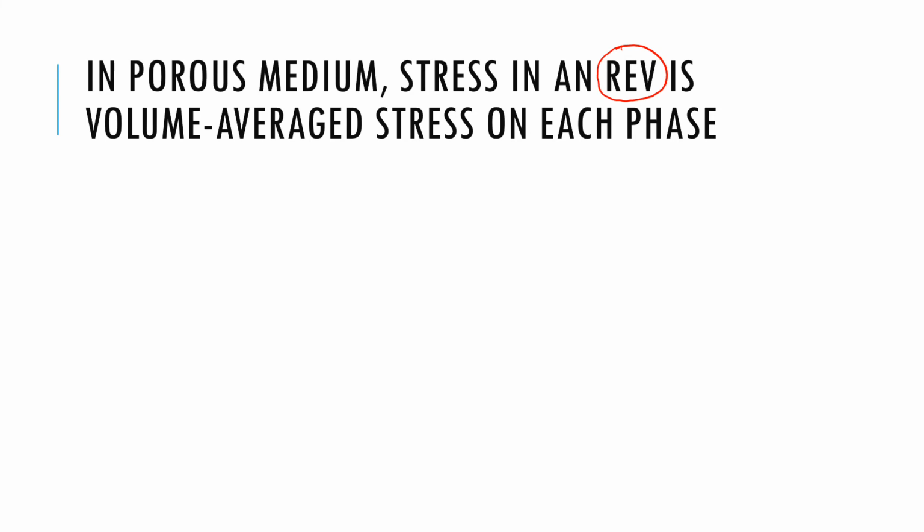And so just like transport, for stress also we do volume averaging over each phase. And so the volume average stress, sigma bar, is the sigma averaged over volume.